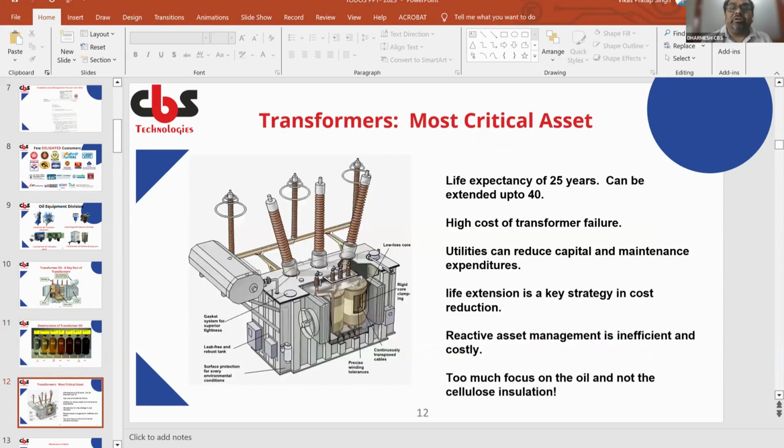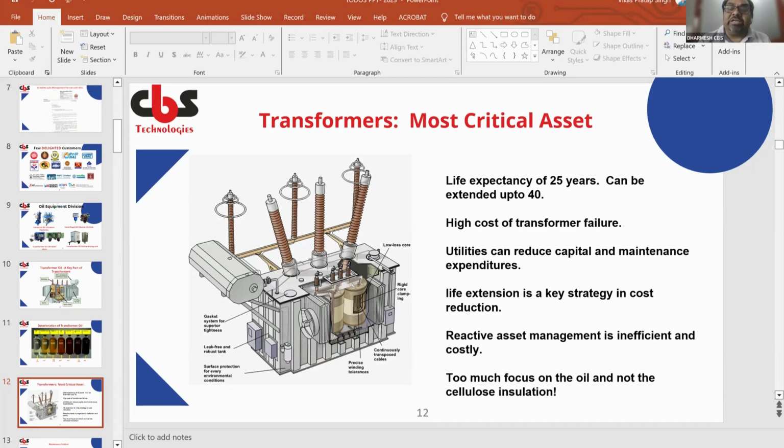But this is the most critical asset. Transformer is the most critical asset in power utilities. The life expectancy of a transformer is about 25 years, but this can be extended. If we add good things like online moisture removal, proper maintenance, and proactive maintenance, the life expectancy of the transformer can be extended up to 40 years.